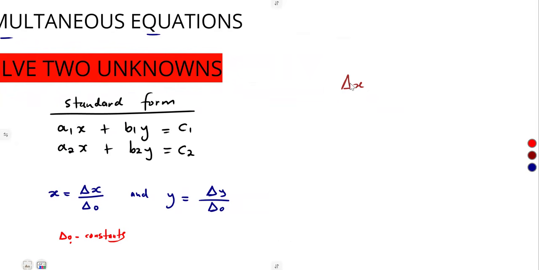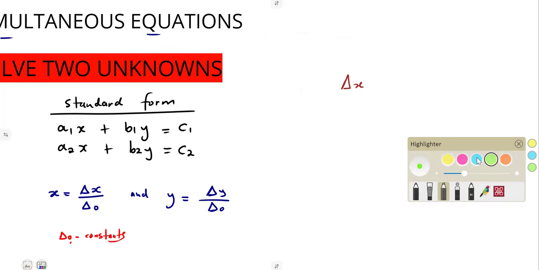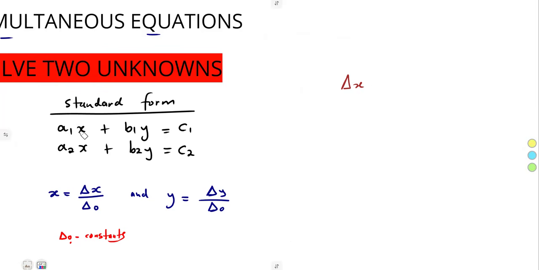But when we put x here, it means replace the part of x, the coefficients of x, with constants. Our equations are here. This is the part where we have got x.